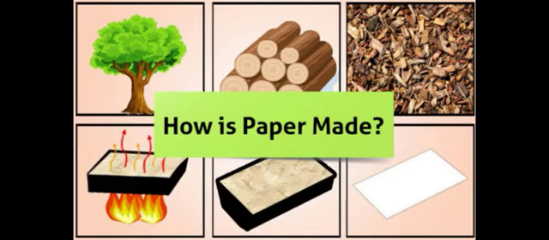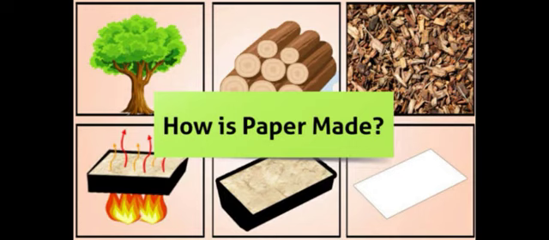Just for example, in day-to-day life we are using our books, notes, etc. How does it come, how does it emerge, how is it produced? In the forest they are cutting the wood into small pieces and burning it.